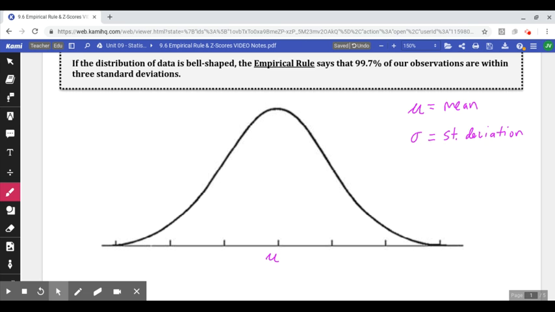So if I move from the mean to the right by one standard deviation, I'm going to have the mean plus one standard deviation as my first line. If I go to the left from the mean by one standard deviation, I'll have the mean minus one standard deviation. Now you might be wondering how much percent of the data is between those two.